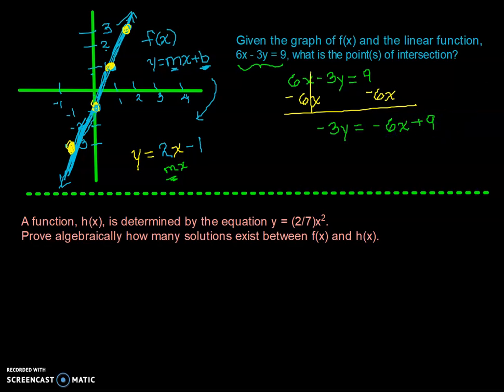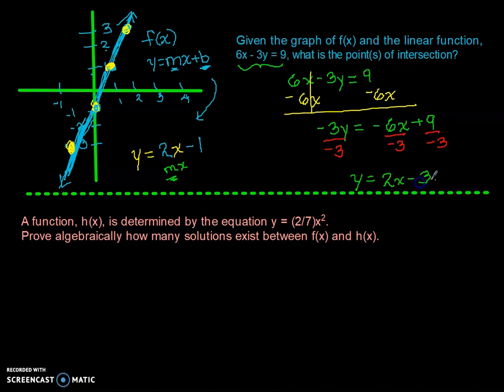And then from here, the last step to getting y by itself is I'm going to divide by -3. And I would put the whole thing over -3, but since I'm actually using these values, I'm just going to divide each term by -3, which is the same thing. And from here, I'll get y equals -6 divided by -3 is 2x, and then 9 divided by -3 gives me -3.